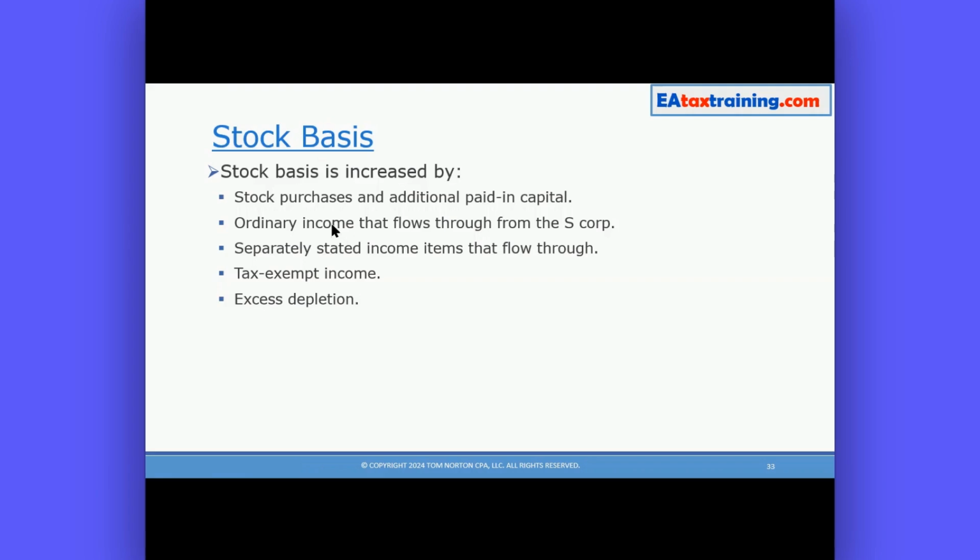That's similar to a partnership. Separately stated income items that flow through to the shareholder similarly increase stock basis. Tax exempt income, so it wasn't taxable, but it is still income that does increase the shareholder's basis in their stock. And then excess depletion. And of course, there's some more particulars to that, but for the EA exam, you just need to know that excess depletion does increase stock basis.